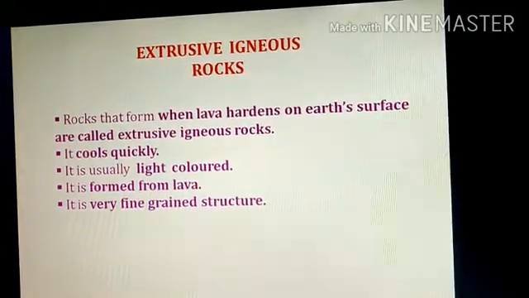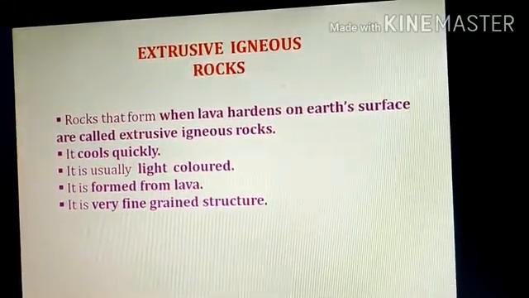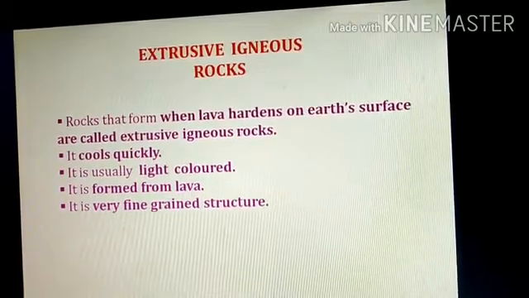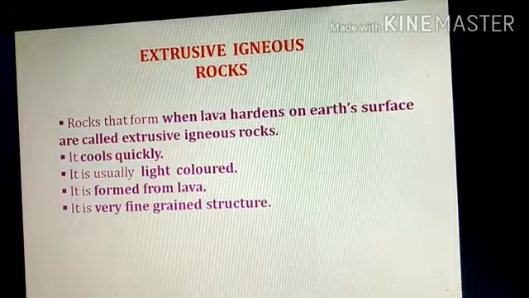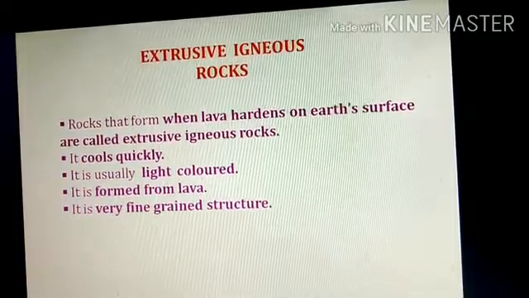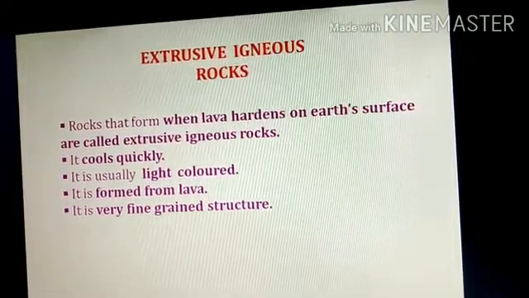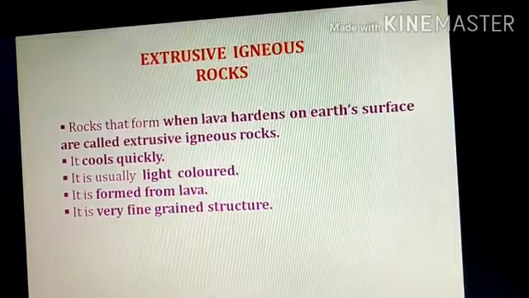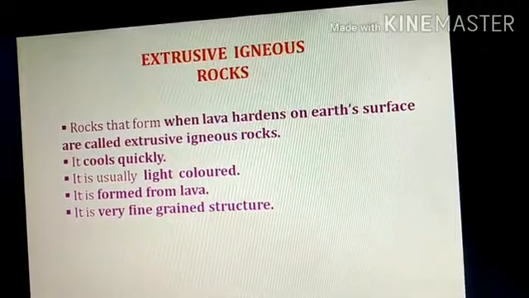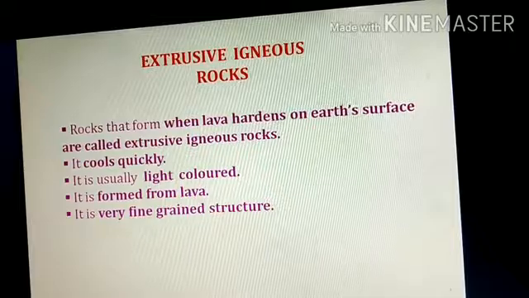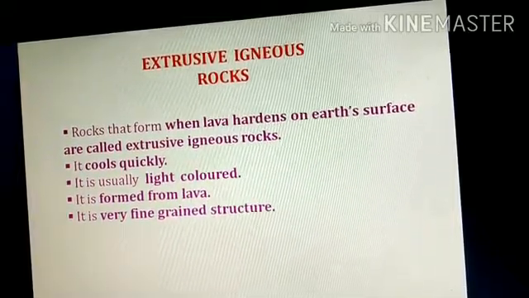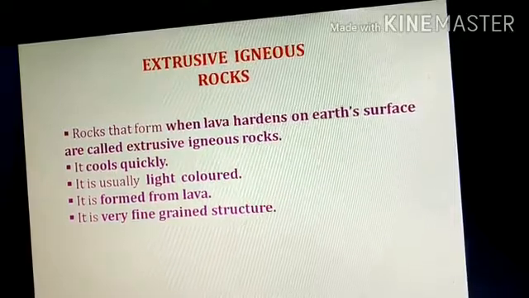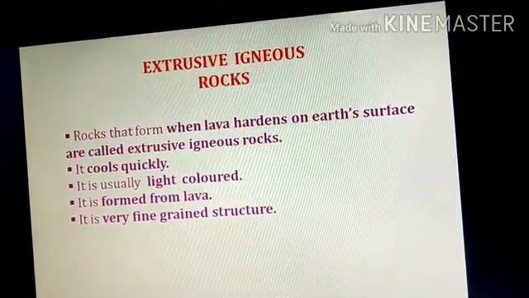Rocks that form when lava hardens on the earth's surface are called extrusive igneous rocks. It cools quickly. It is usually light colored. It is formed from lava. It has a very fine grained structure. These are the various features of extrusive igneous rocks.